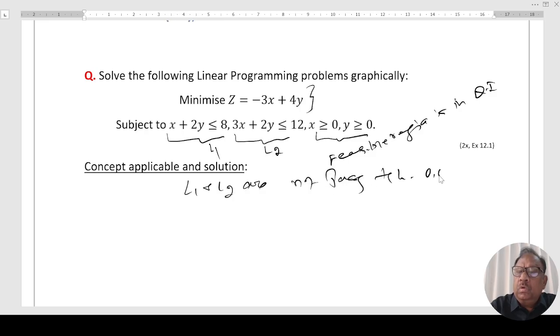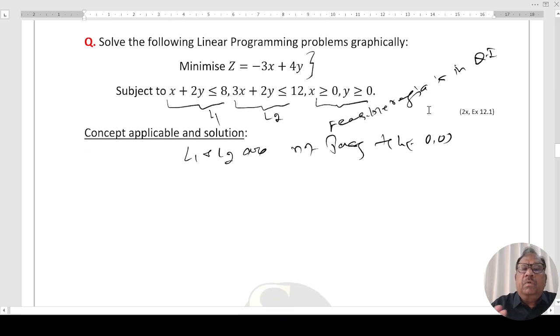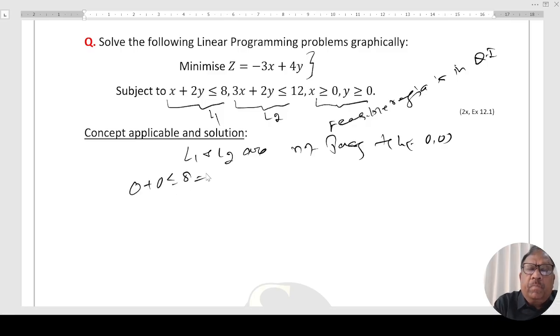Therefore, we'll put origin side to identify origin side known as 0, 0. 0 plus 0 less than equal to 8. 0 less than equal to 8. That is true. L1 feasible region lies in origin side.